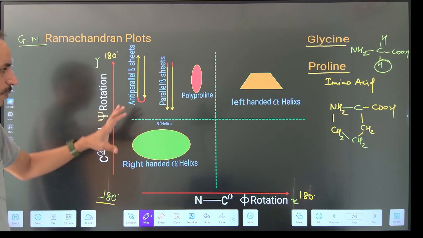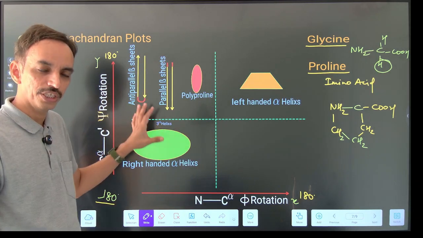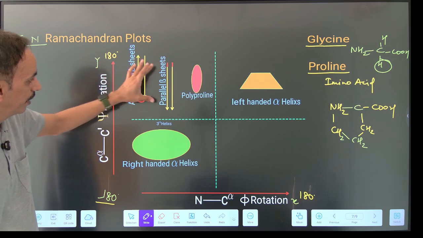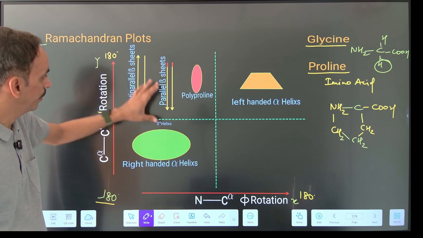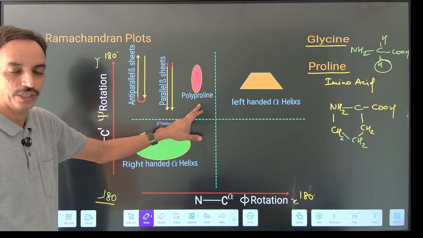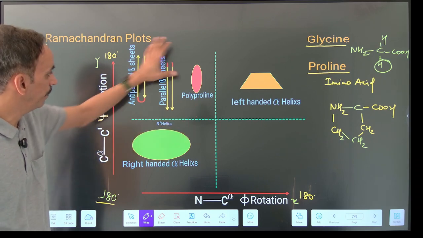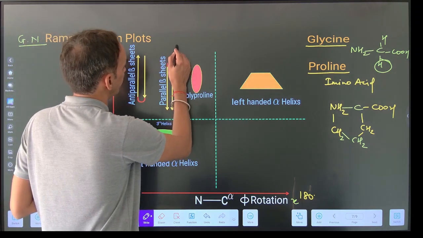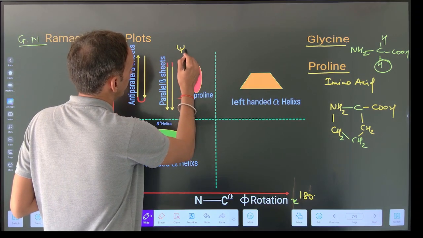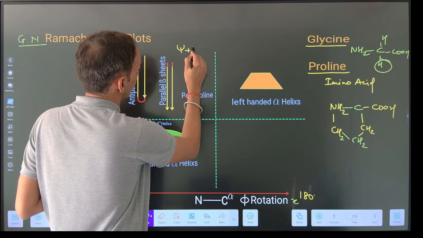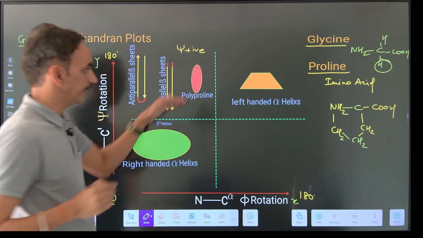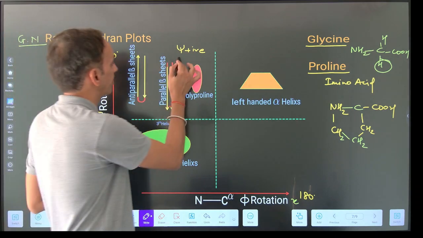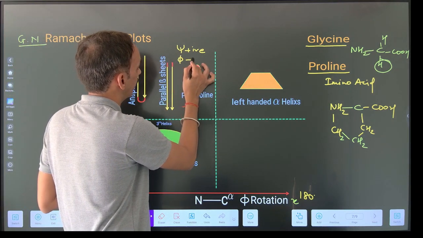So if we talk about the protein secondary structure on this plot, we are having anti-parallel beta sheets over here, parallel beta sheets over here. We are having polyprolines over here. So if we talk about this quadrant, here we are having the positive value of psi on the y-axis, while there is a negative value of phi.